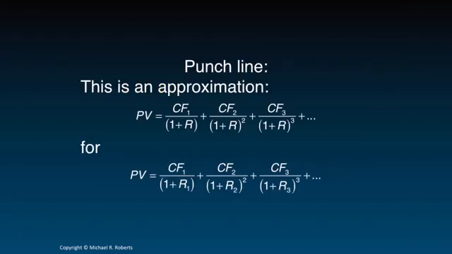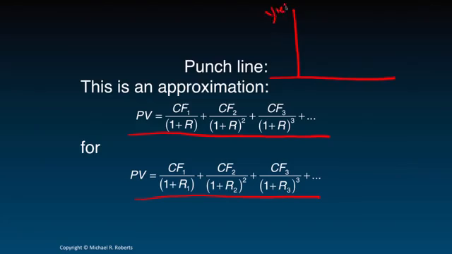Now, what's one of the big punchlines or takeaways from all of this, aside from just general knowledge and understanding of interest rates? Well, this present value formula that we've been working with is in many ways just an approximation, because we know interest rates vary over time. It's not such a bad approximation when the yield curve is flat. So when we have a yield curve, here's maturity, here's yield.